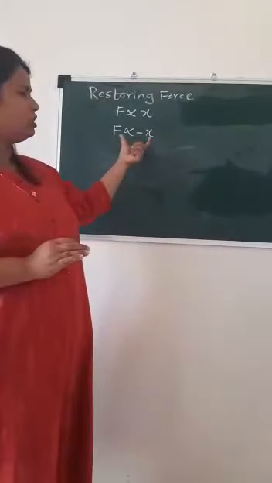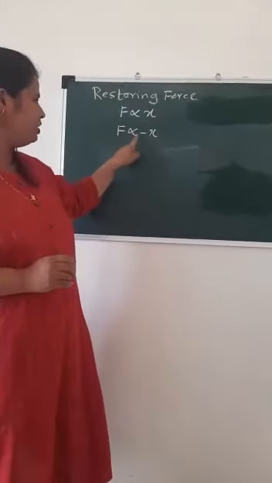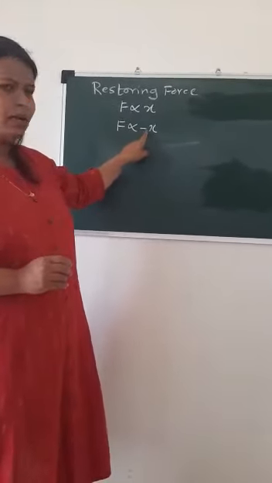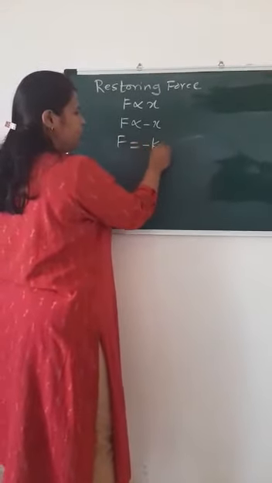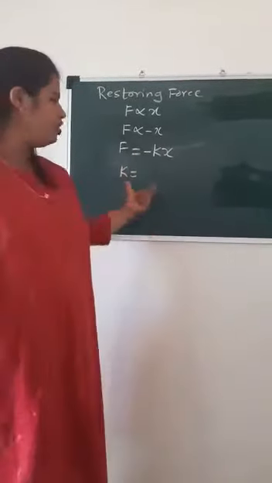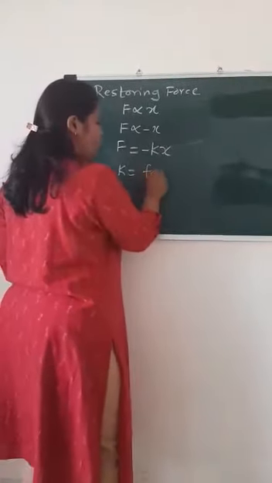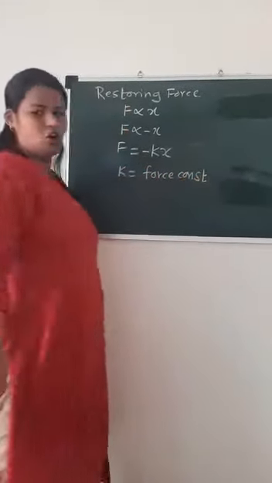The direction of the force is opposite to that of the displacement. So we can write F is directly proportional to minus x, so F is equal to minus kx, where k is the proportionality constant. We call that the force constant.